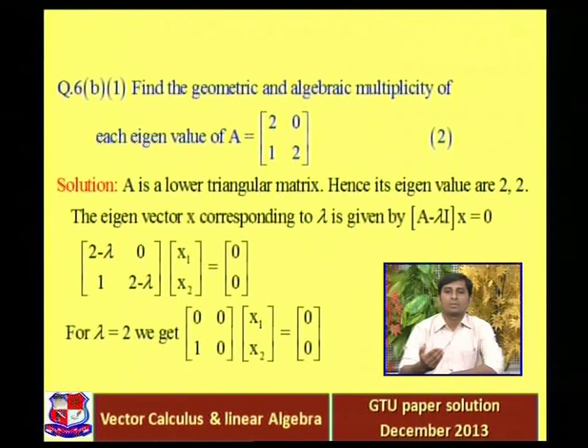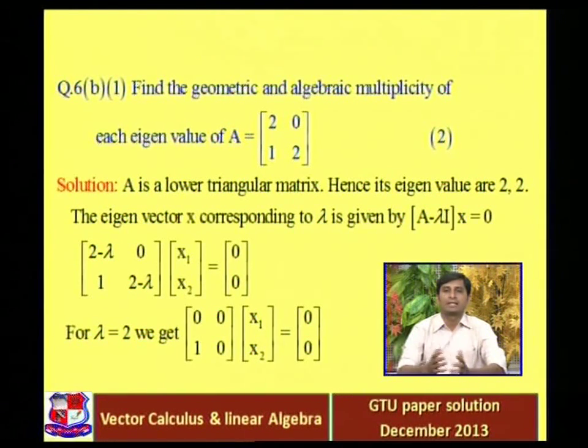And if corresponding to that eigenvalue we get m number of eigenvectors, then we can say that the geometric multiplicity of that particular eigenvalue lambda is m, okay?